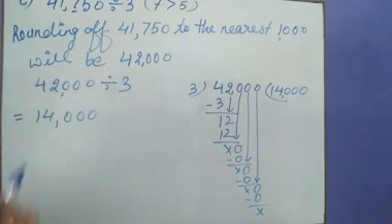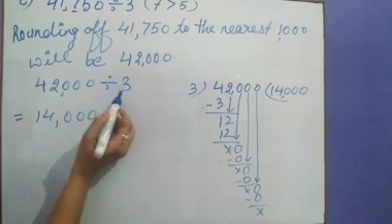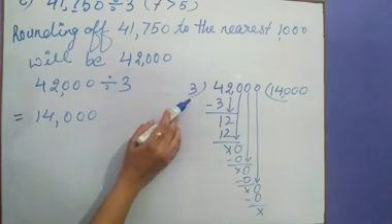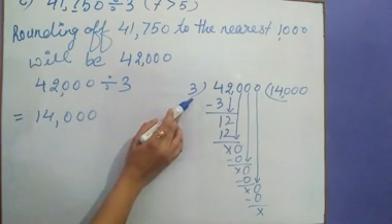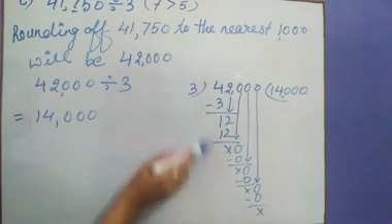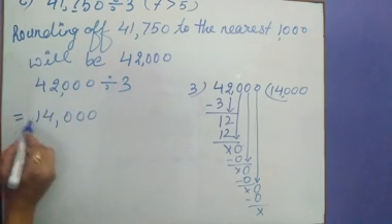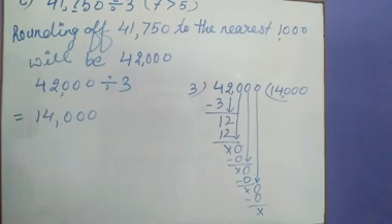That's 42,000 divided by 3. We will do division on the right side of the solution. After division, we will get 14,000 and it is our answer.